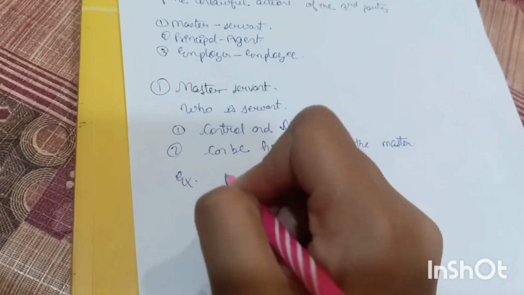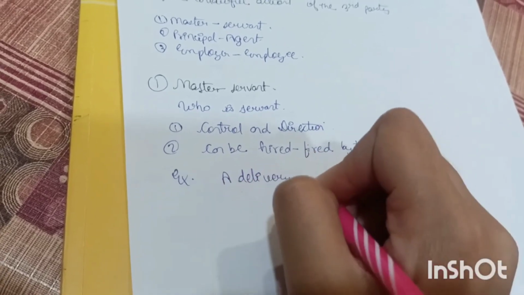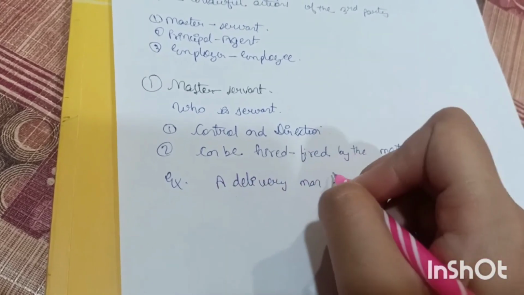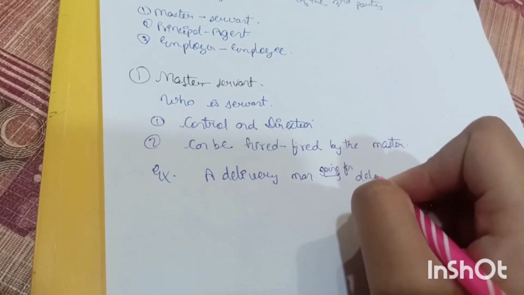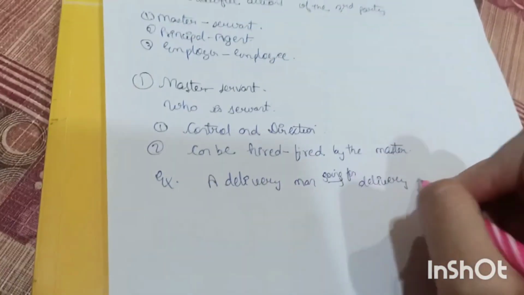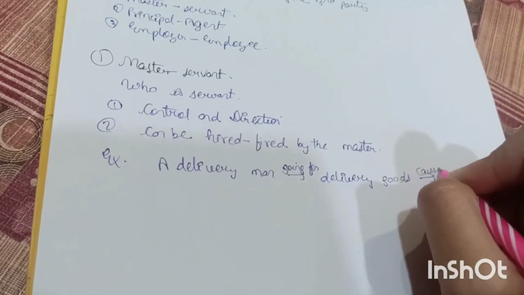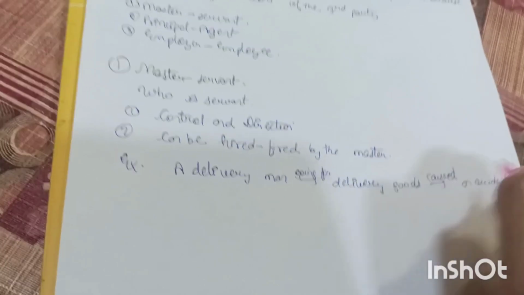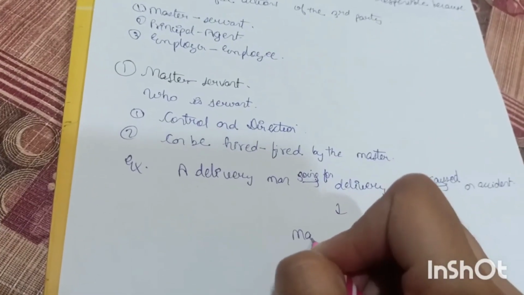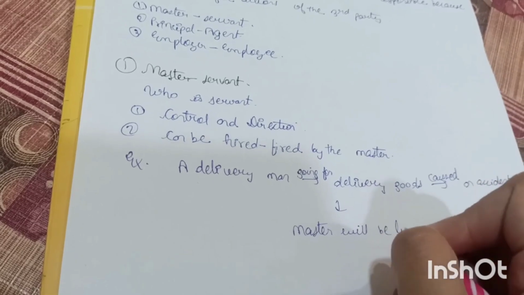So you can write an example: a delivery man going for delivering goods caused an accident. In this case the master will be liable.